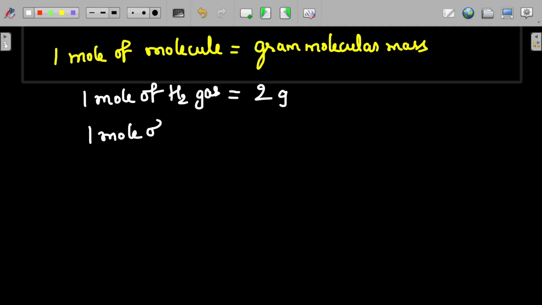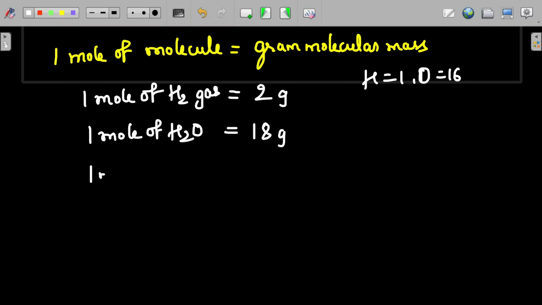1 mole of water. Isha, can you tell me 1 mole of water means how many grams? Molecular mass of water, you find. Hydrogen is 1, oxygen is 16. It's 18 grams. Correct. That's it. 18 grams.